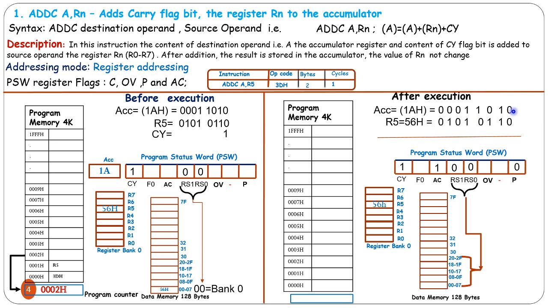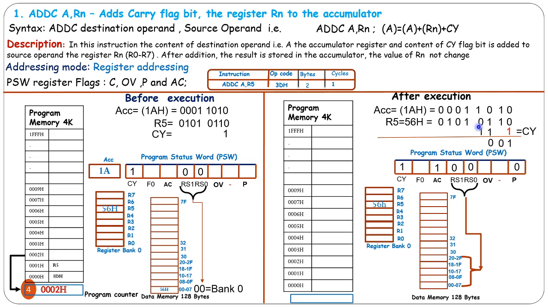The content of accumulator, the content of R5 register, and the carry flag bit 1 are added. Bit by bit: 0 plus 1 is 1, no carry. 1 plus 1, sum is 0, carry is 1. Again 1 plus 1, sum is 0, carry is 1.